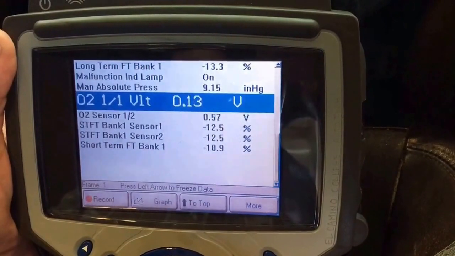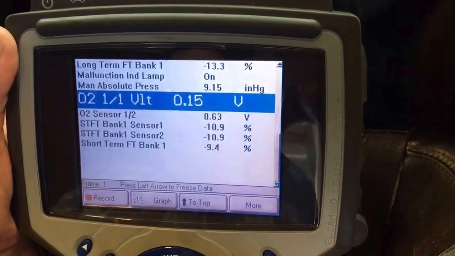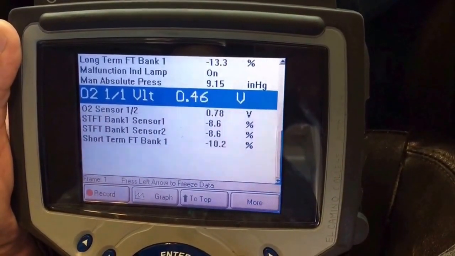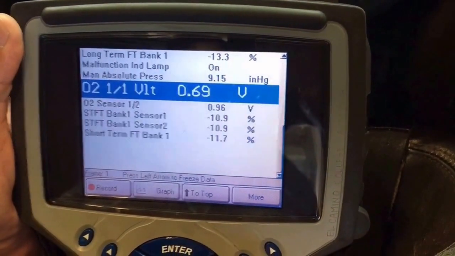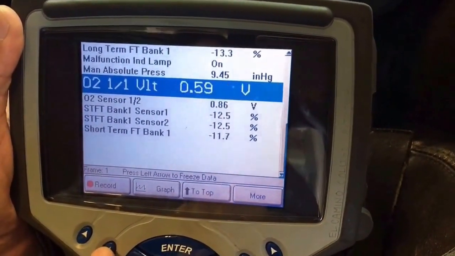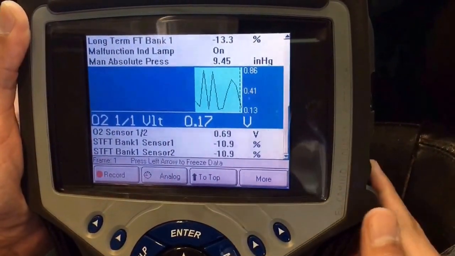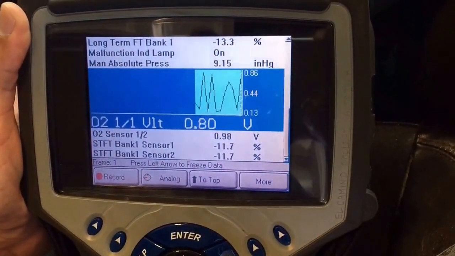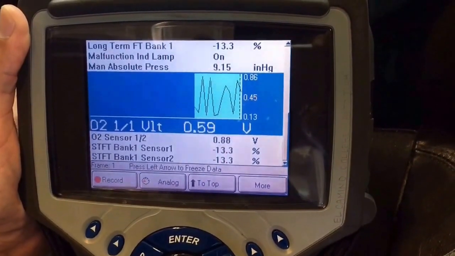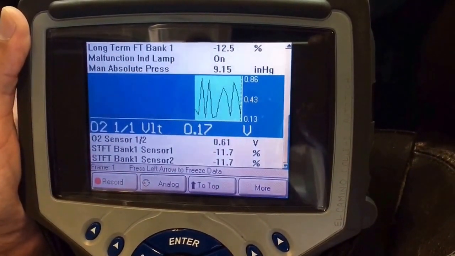And here we found the upstream oxygen sensor. Now we want to graph this. We want to put graph and let it run for a little bit. That way we can get more data on it.